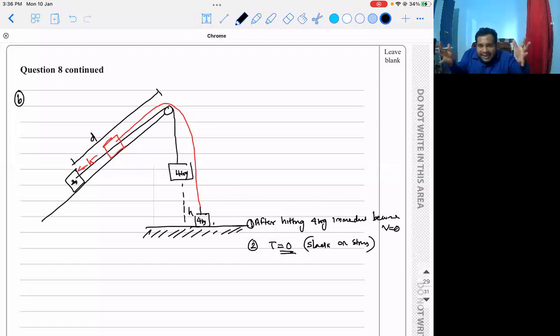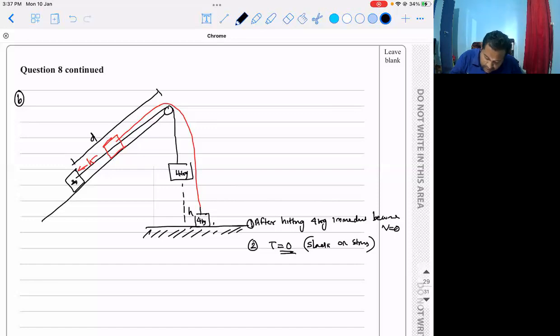That means there is no tightness, because it now lies on the ground. So we will find the additional distance moved by the 2 kilogram particle after the 4 kilogram mass hits the ground.